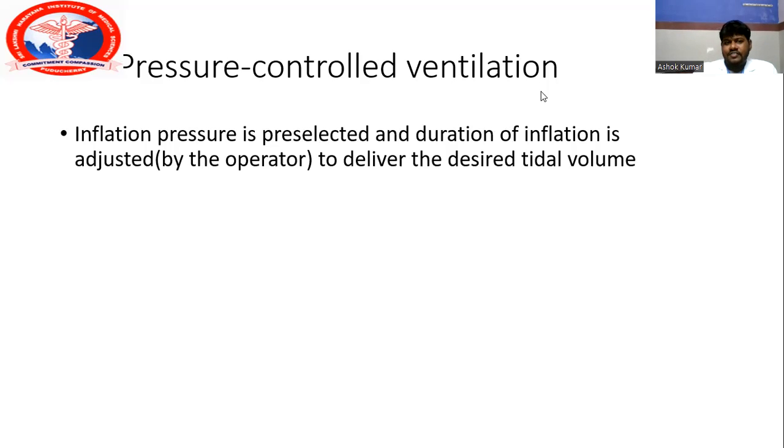Mostly the inflow is high during the earlier part of the pressure control ventilation. During the later part, it slowly decreases, and finally decreases to zero to deliver the desired tidal volume. So the flow is not constant in pressure control ventilation, while it is constant in volume control ventilation.